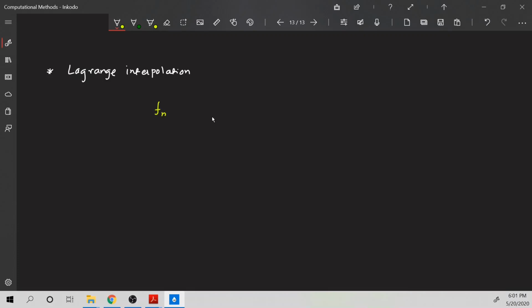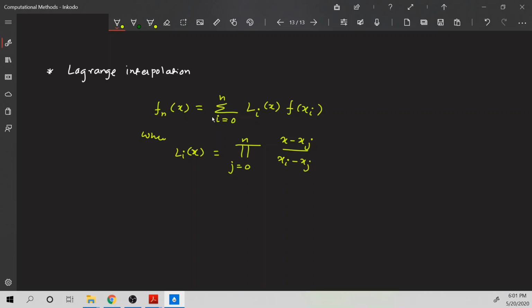The formula is Fn(x) is equal to the summation of i equal to 0 to n of Li(x) f(xi), where Li(x), that is the Lagrangian polynomial, is the product from j equal to 0 to n of (x minus xj) divided by (xi minus xj).